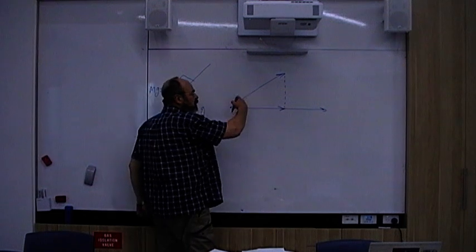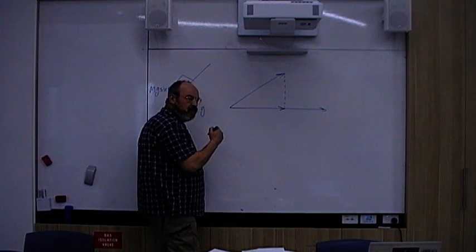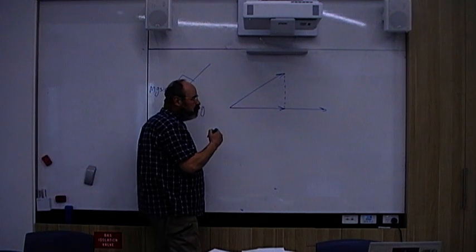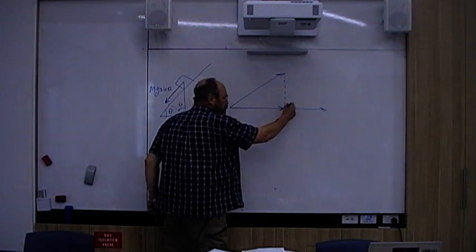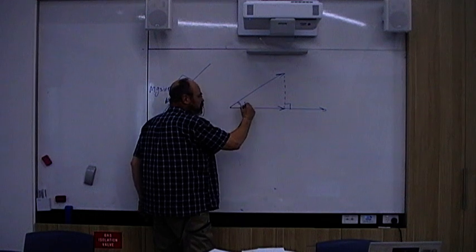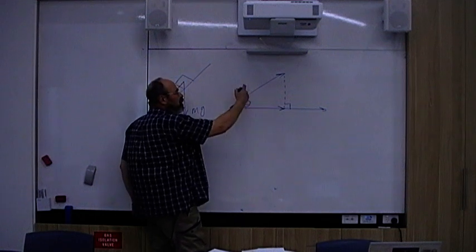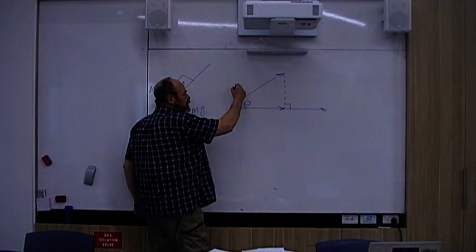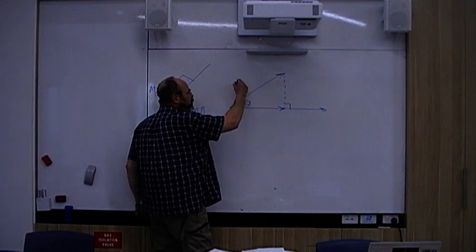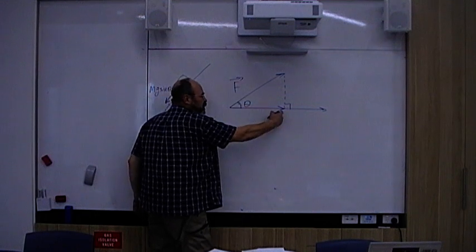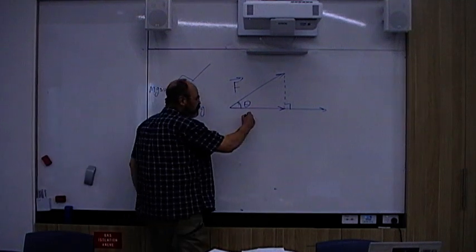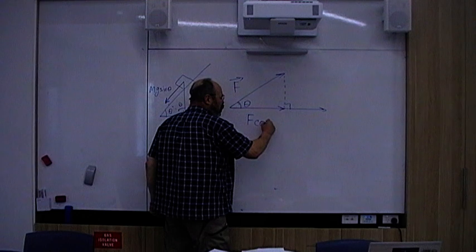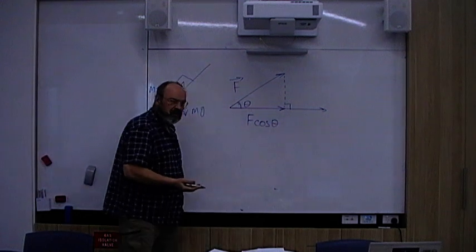Suppose this is a right angle. If this angle is theta and this vector is some force F, then this component equals F cos theta. That's all we had to do in physics.